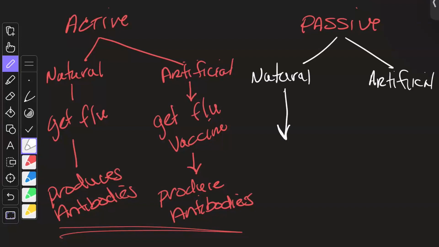And it is transmitted. Some of it is transmitted directly from mom before you're born. Some of it is transmitted through breast milk. So if you breastfeed, you are increasing the natural passive immunity that your child has. If you don't, they still have some, because you give them that when they're developing inside of the body, but they don't have as much.